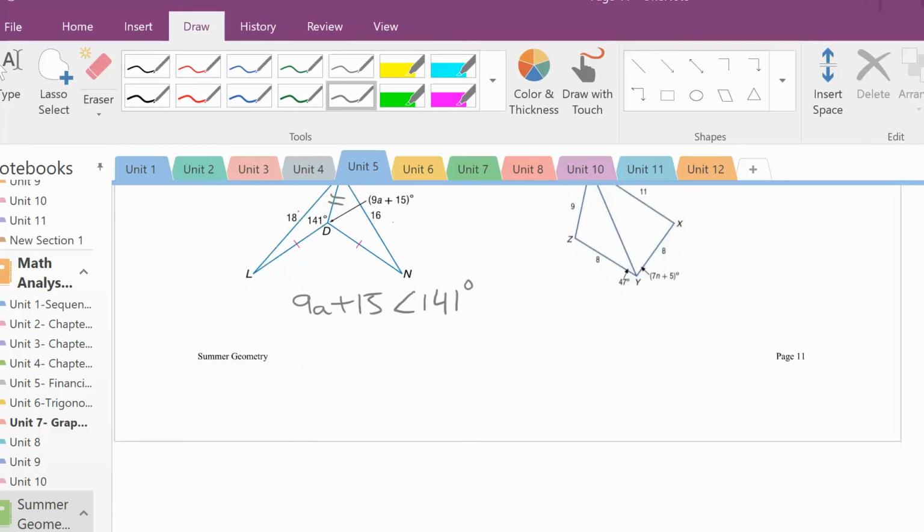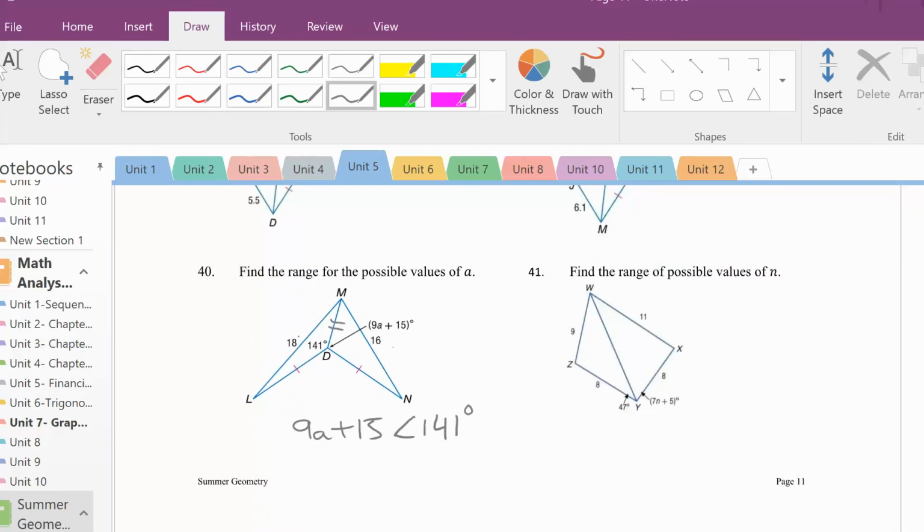So since 18 is bigger than 16, that means 141 has to be bigger than the angle. But also keep in mind that it has to be bigger than 0. So 9A plus 15 has to be between 0 and 141.